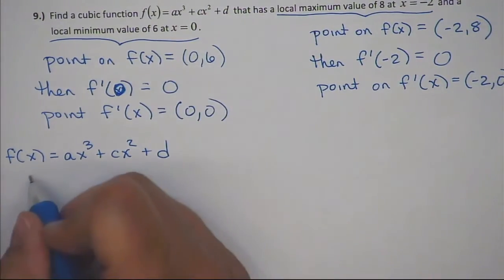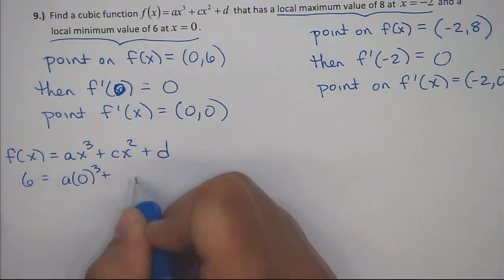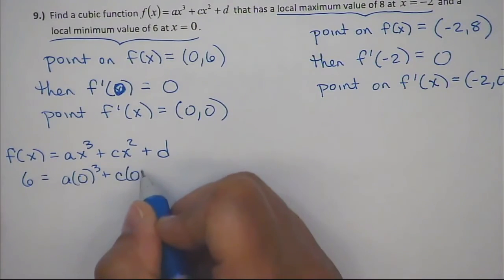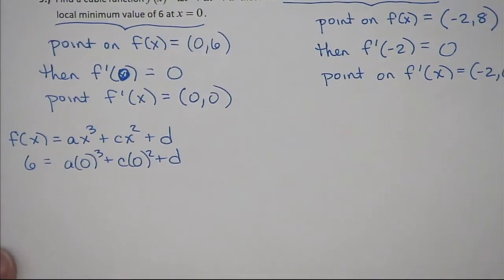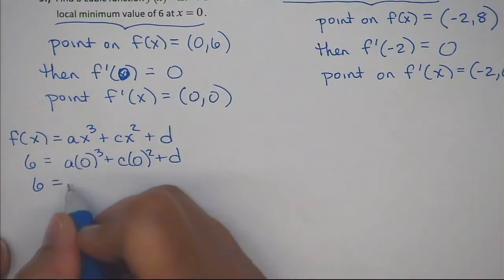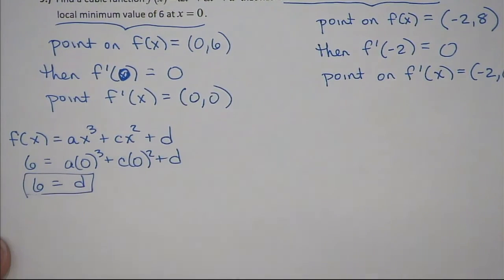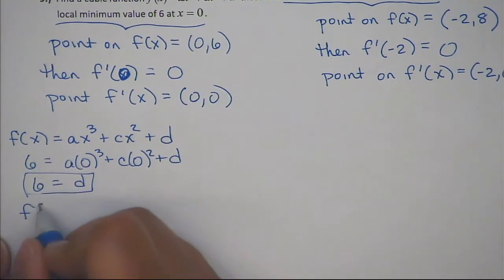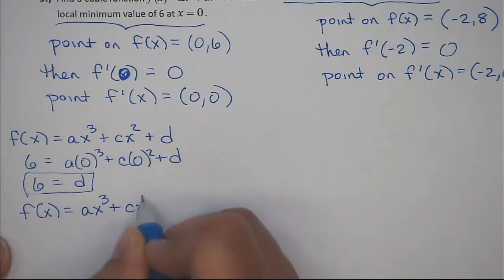So y is 6, x is 0. So we get 6 equals 0 plus 0 plus d, right? All right, so I found d, right? So now I know that f of x is ax cubed plus cx squared plus 6.